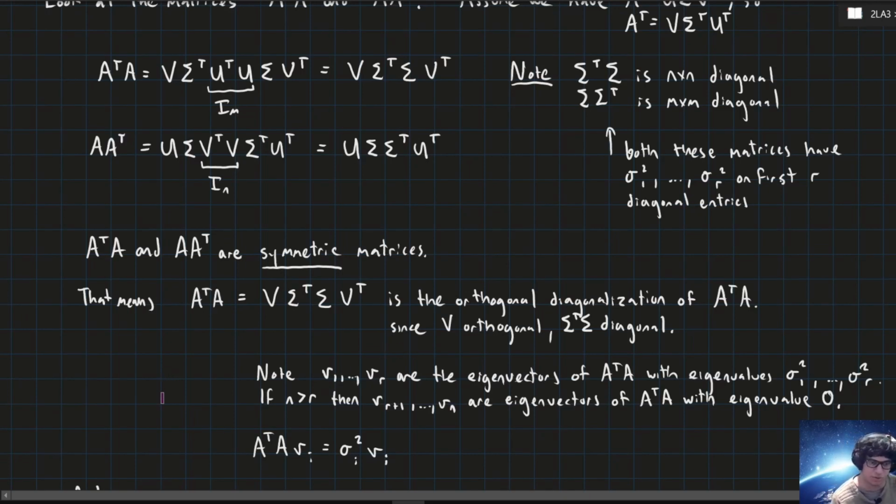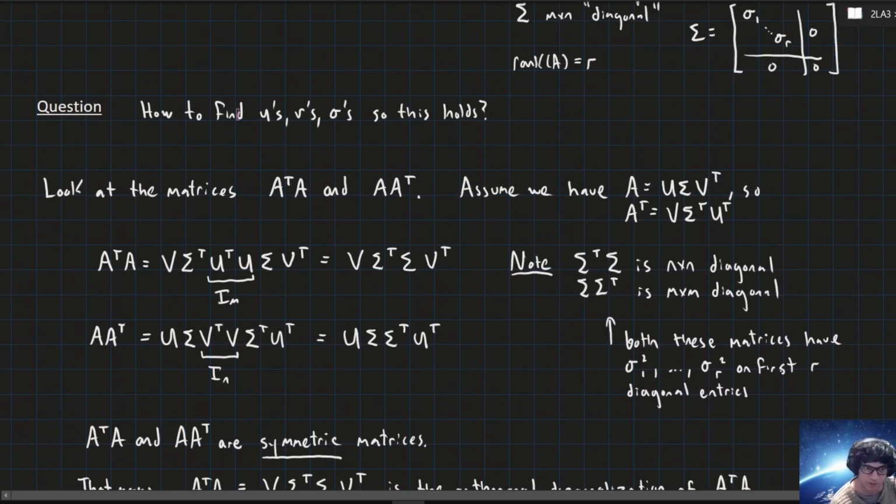What this equation is saying is that since we have orthogonal, diagonal, orthogonal transpose, the columns of V are going to be the eigenvectors of A transpose A, and the entries on the diagonal of sigma transpose sigma are going to be the eigenvalues of A transpose A. So the question of where we get our V's and our sigmas is starting to be clear now.